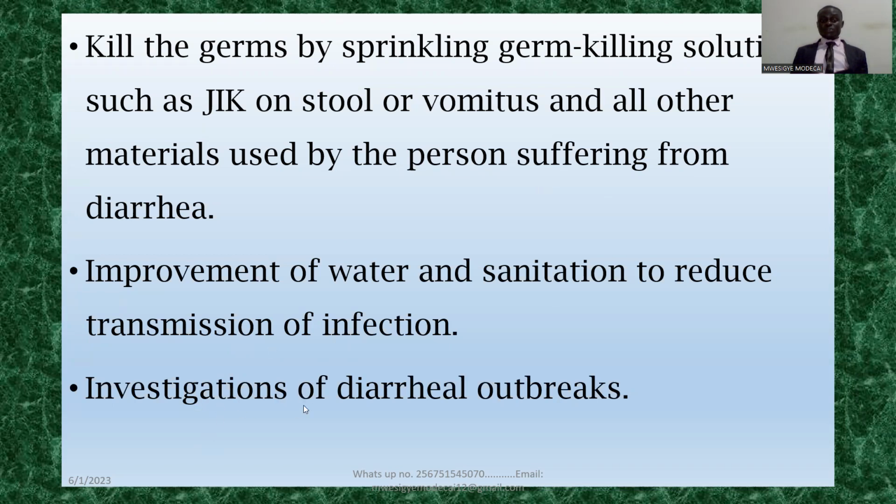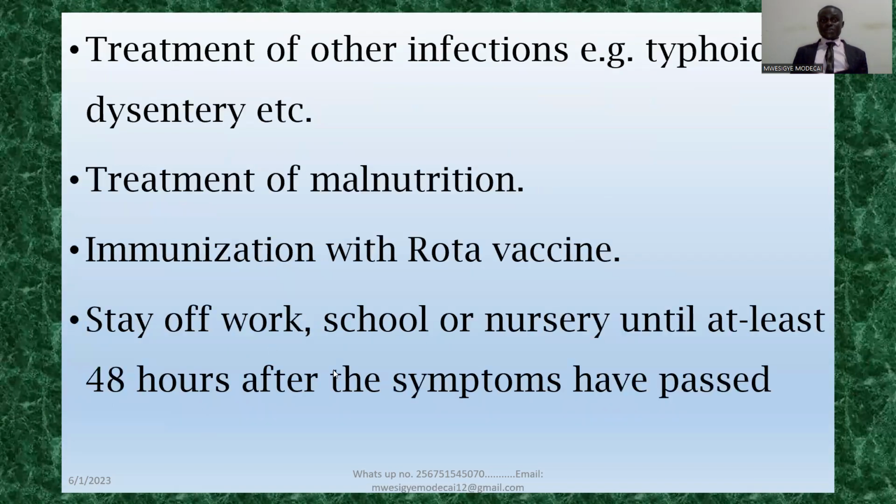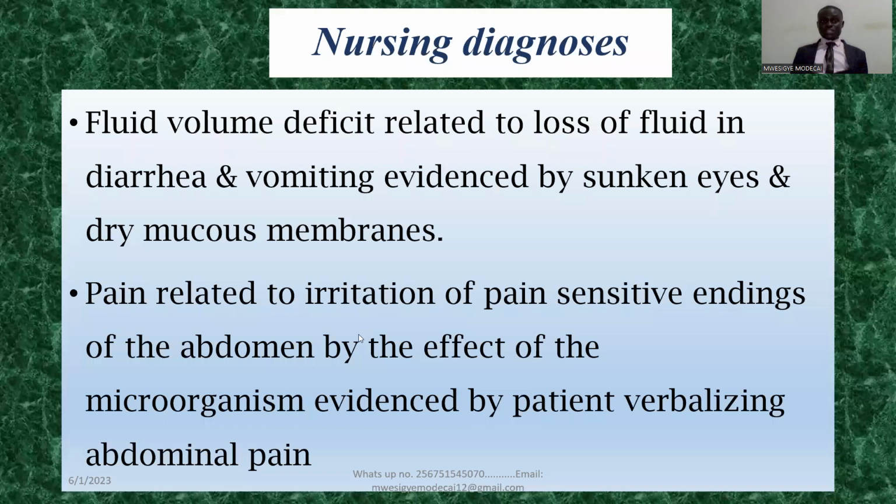Then last, we can talk of investigation of diarrhea outbreaks. In addition to that, we shall treat other infections like typhoid, and treat malnutrition. There is immunization with the rota vaccine. Then stay off work, school, or nursery until at least 48 hours after symptoms have passed, because this person is still infectious.